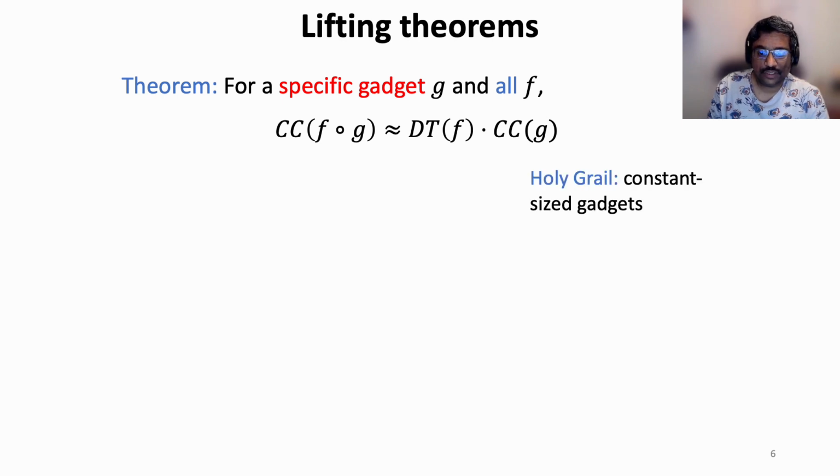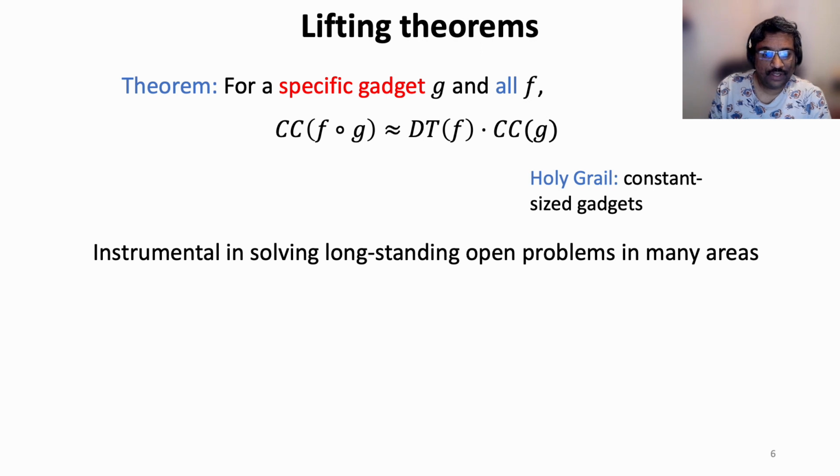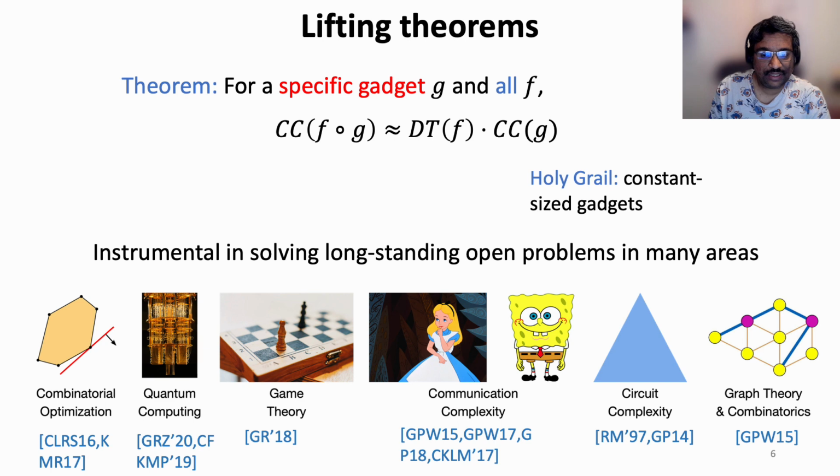The holy grail here is to get gadgets which are as small as possible, ideally constant size. Lifting theorems have been instrumental in solving long-standing open problems in combinatorial optimization, communication complexity, proof complexity, circuit complexity, game theory, and more.